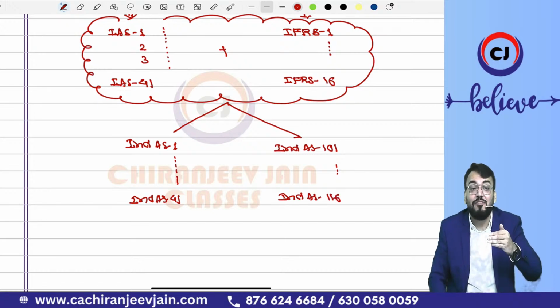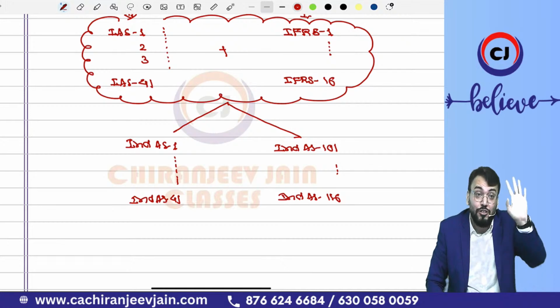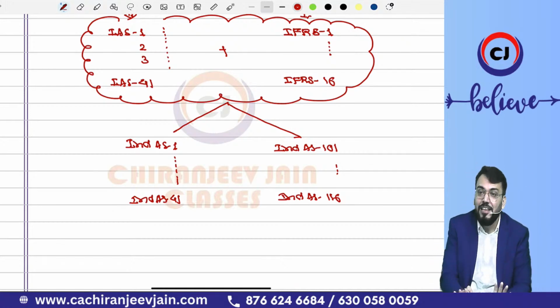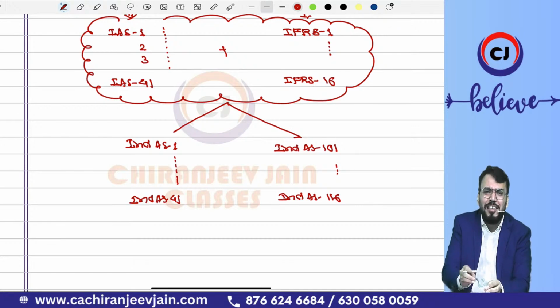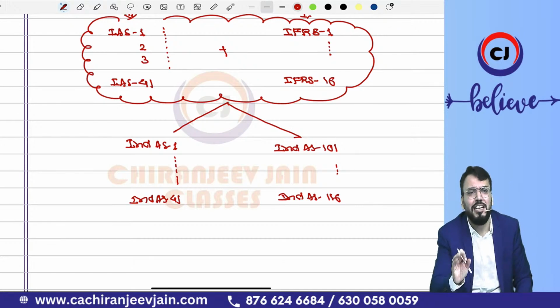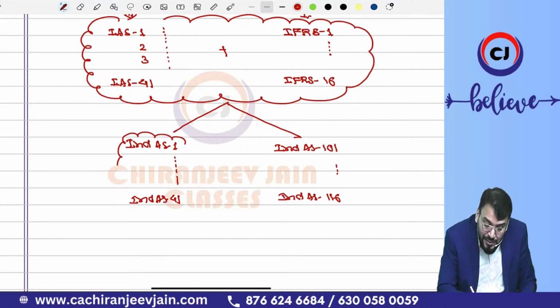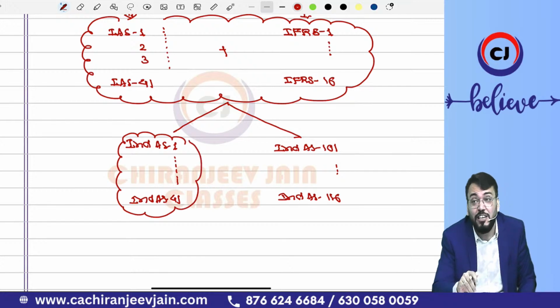Means when I say Ind AS 116, it is not that we need to study 116 Indian accounting standards. Effectively, from the examination point of view, there are 35 Ind AS which we need to learn. Out of this IS 1 to IS 41, some IS have been deleted.